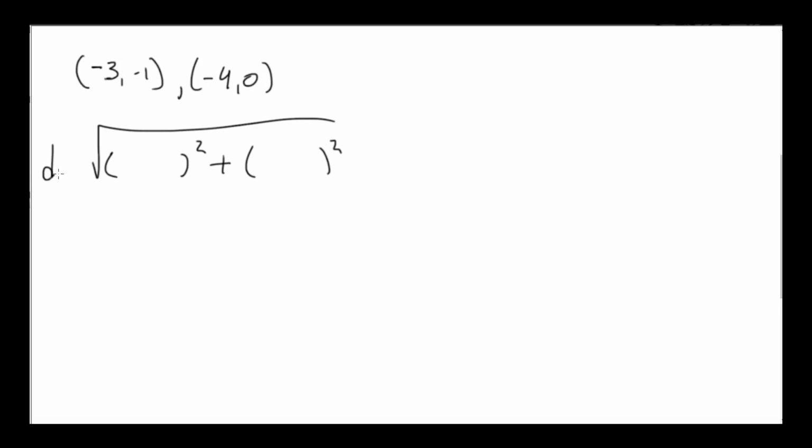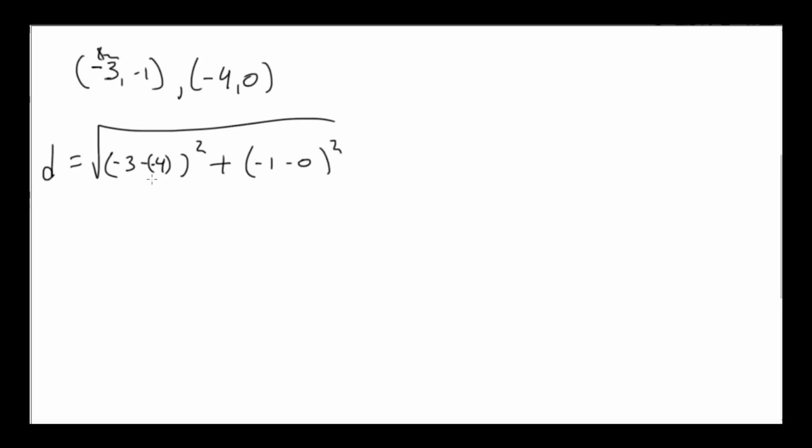And my favorite thing to leave out, showing that we're finding the distance. Well, my x2 is here, so I'm going to do -3 minus -4, and I'm going to do -1 minus 0.